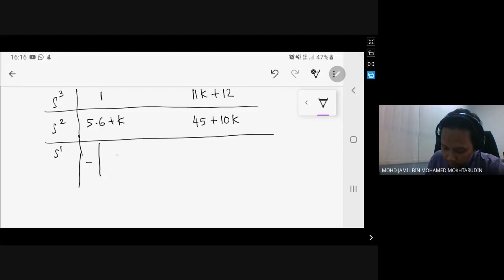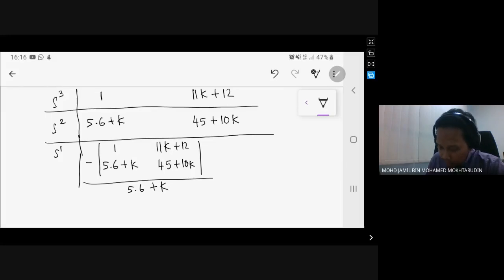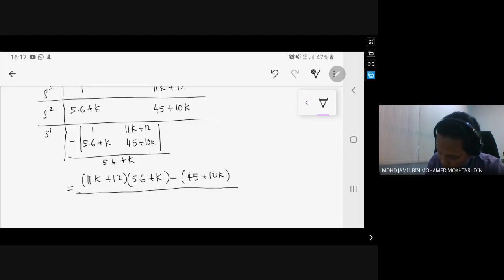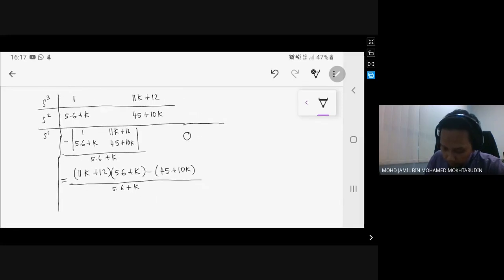So here you will get 1, 5.6 plus K, 11K plus 12, 45 plus 10K divided by 5.6 plus K. So this will equal 11K plus 12, and this is 0, then followed by s naught.